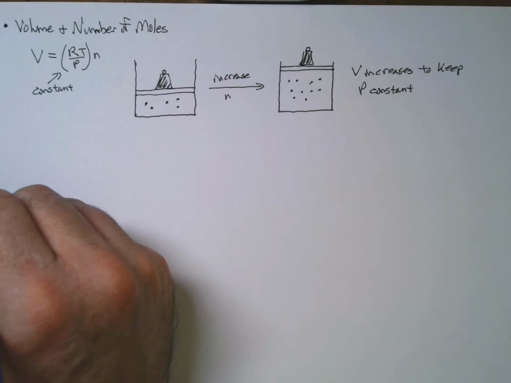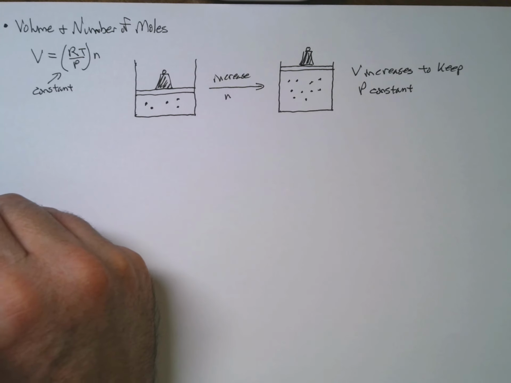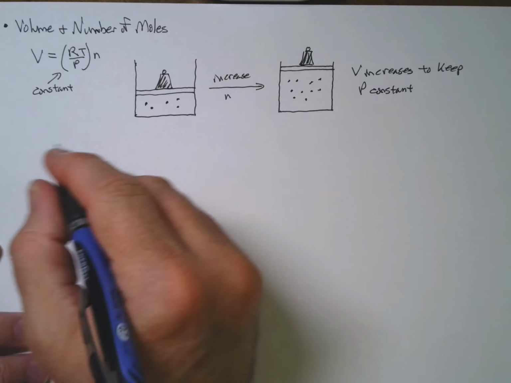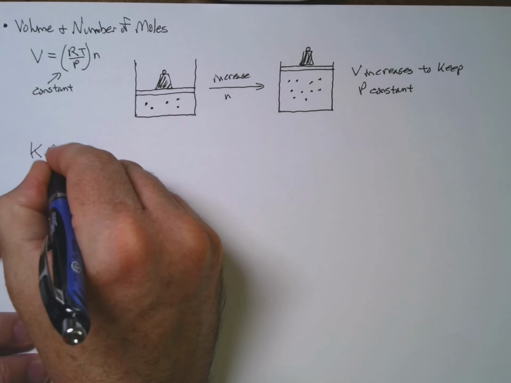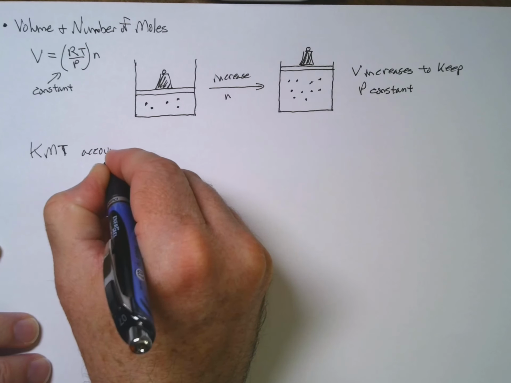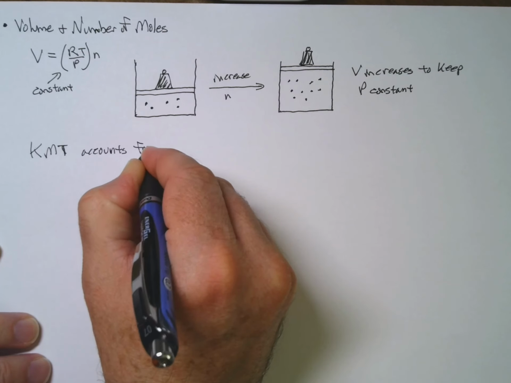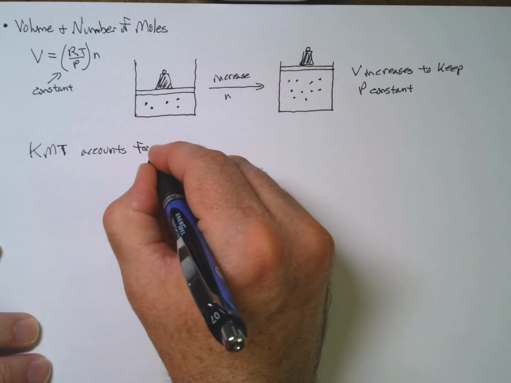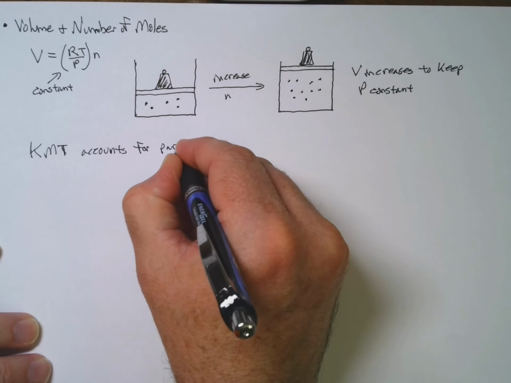Thus, the particles of different gases look the same to the container. Okay, so KMT accounts for partial pressures.